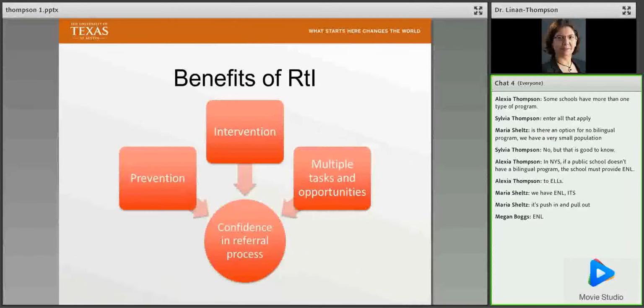Because if we've followed all the steps of RTI, we can have more confidence that if a student has failed to learn, given all the support and all the opportunities we've talked about, that would be indicative of the fact that they really do have a learning difficulty or disability, and they're not just casualties of inappropriate or inadequate instruction.